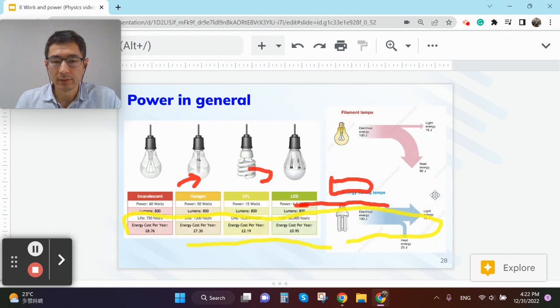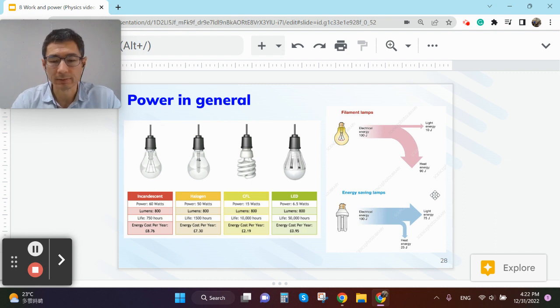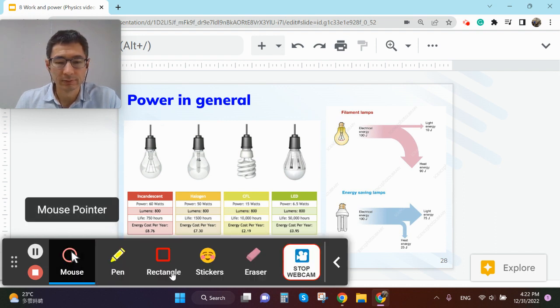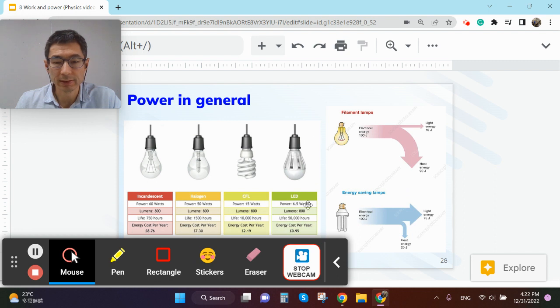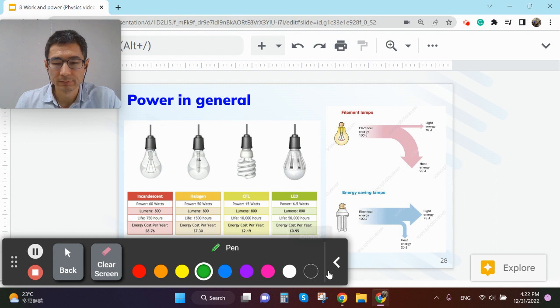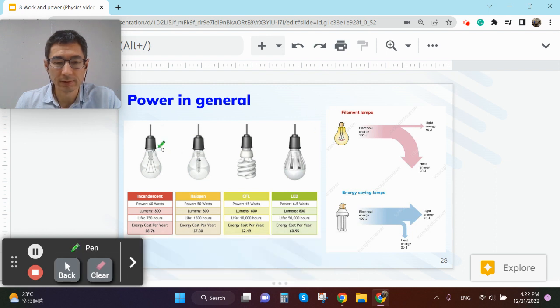If I give an example of efficiency in terms of power, here I'm going to compare an LED, which is an energy efficient saving lamp, to a filament lamp, an incandescent lamp.